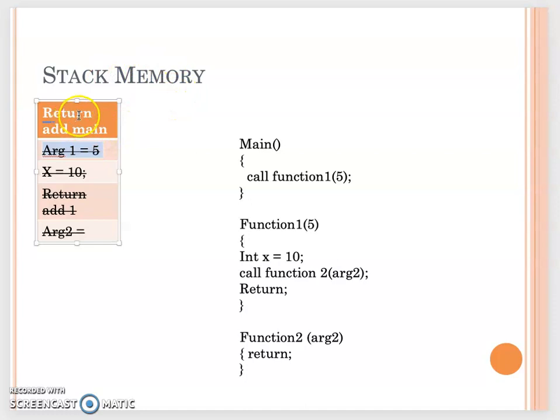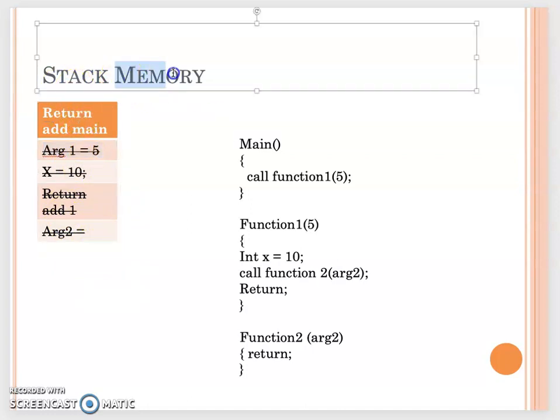Because with stack memory, you push in, push in, push in, but the last one you push in will be released first. So that's the stack. Actually, we use it a lot in our computer memory, because the memory occupied first will be released last.